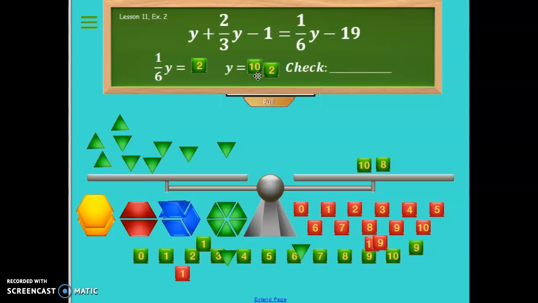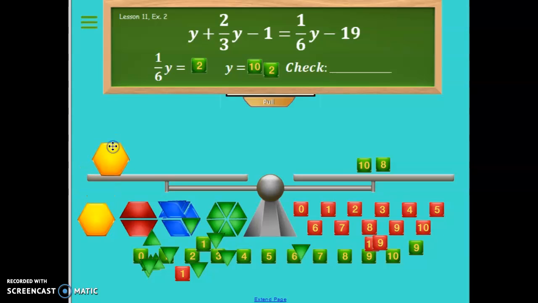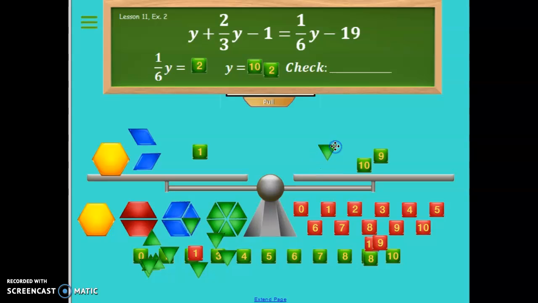Okay, we're going to go back, check it out using the original physical setup. And let's see what we got. We've got y plus 2/3 of y, take away 1 equals 1/6 of y minus 19. Here we go. All right, so this is negative 12.